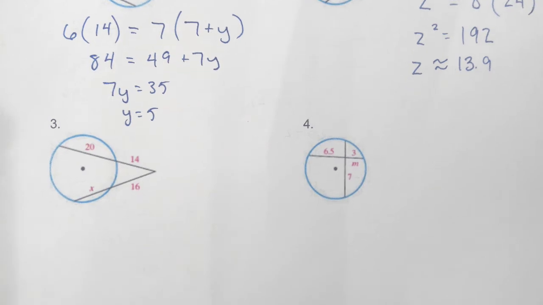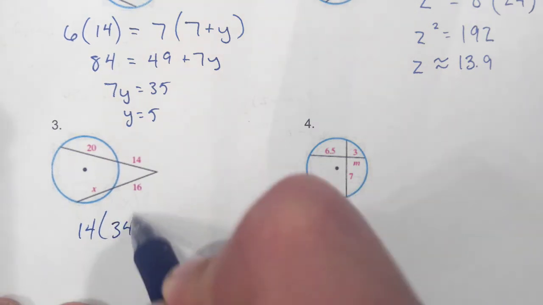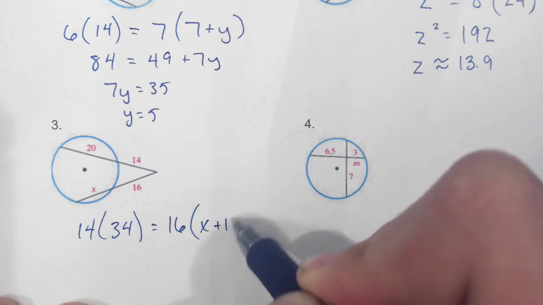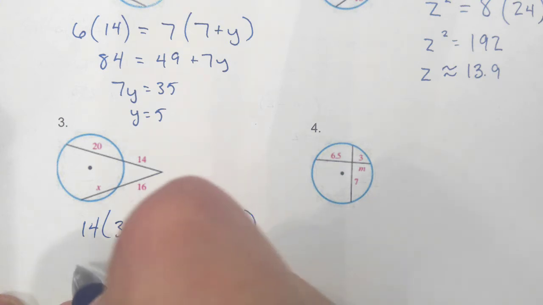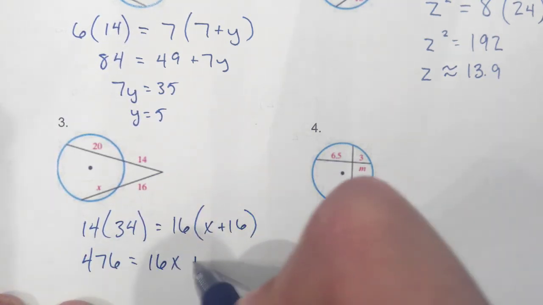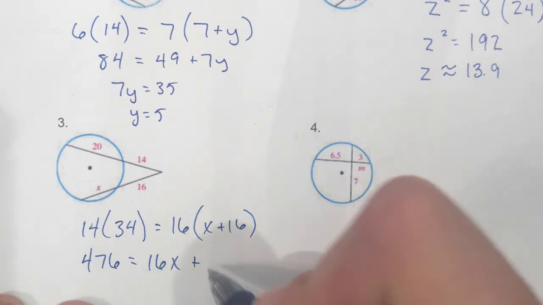Down here, number 3, just like number 1, outside piece times the sum, which would be 34, equals the outside piece times the sum, x plus 16. Do the multiplication. 14 times 34 is 476. And that would be 16x plus 256.